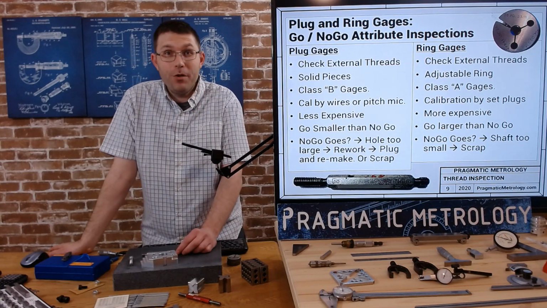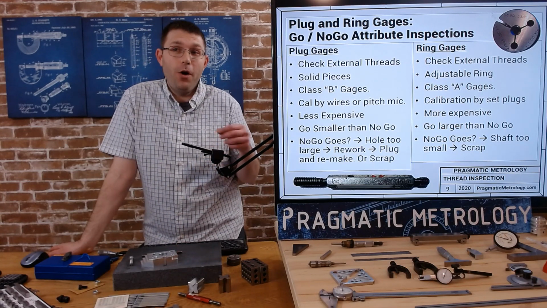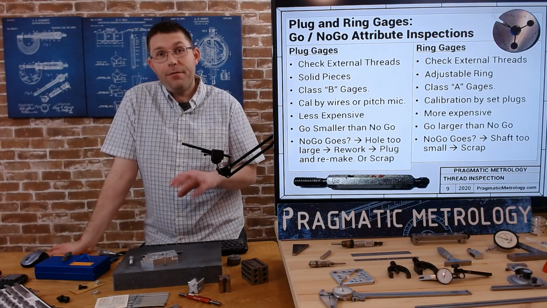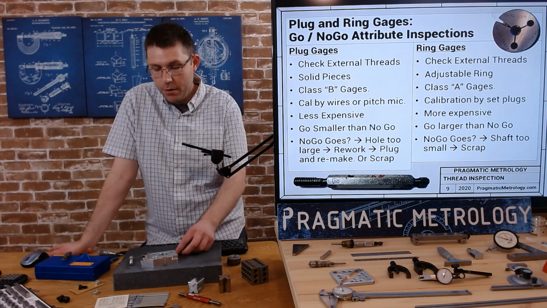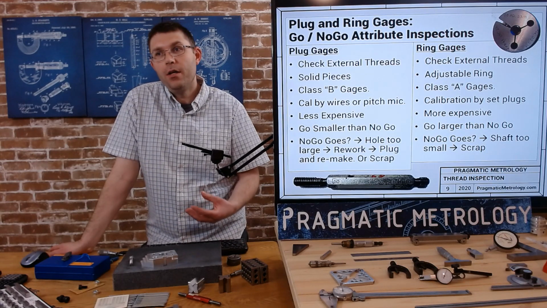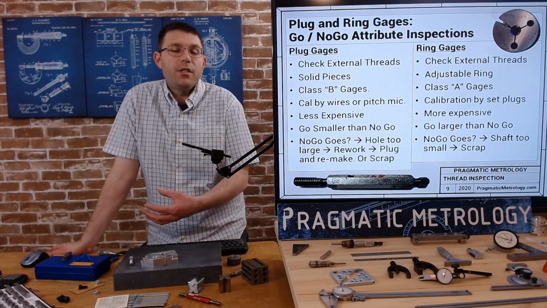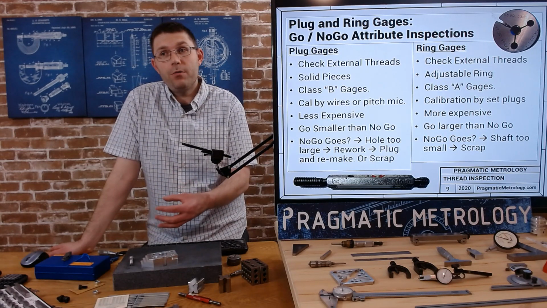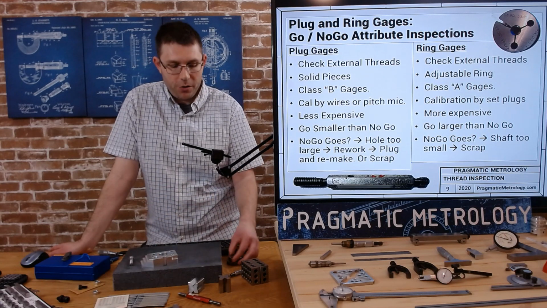Sometimes you don't need to purchase the rings because the part you're making is the hole. You're not making the shaft that's threading in there, so you can get away with not having the rings. But if you are making the shaft, we have other ways to inspect external threads. So sometimes people use those, which we're going to talk about, instead of purchasing the ring gauges.